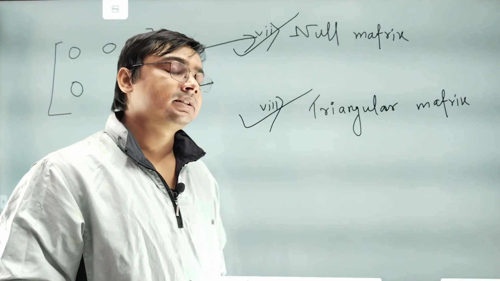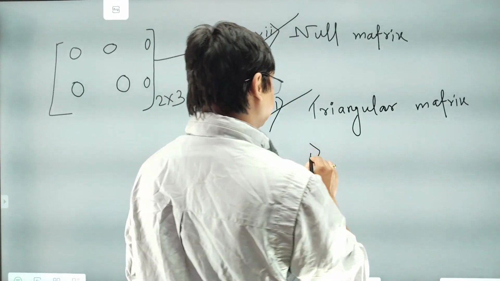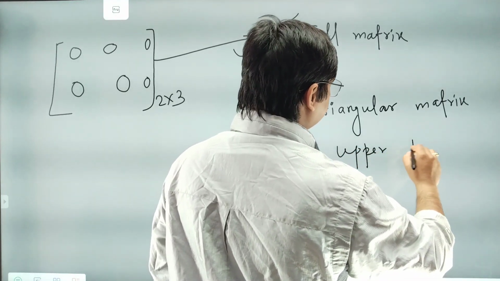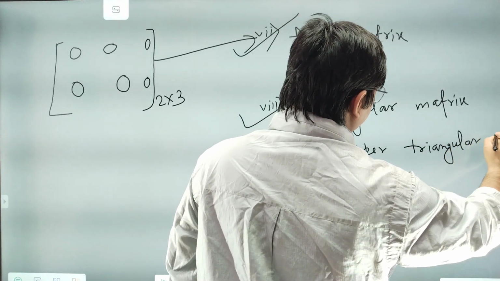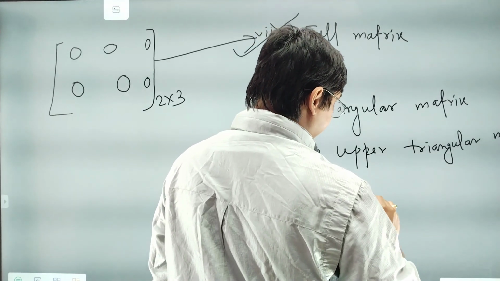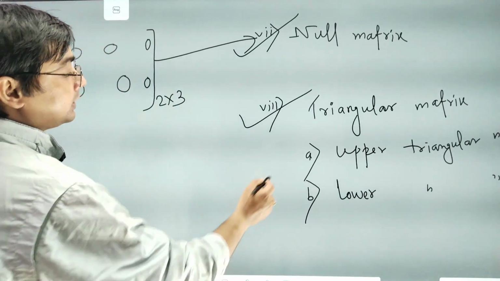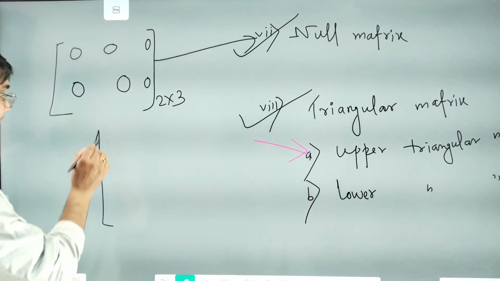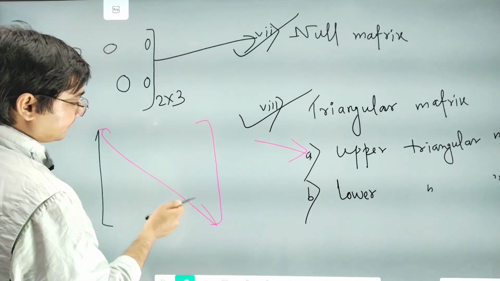Here there are two types of triangular matrix. One is called the upper triangular matrix, and another is called the lower triangular matrix. What is an upper triangular matrix? A matrix of this form. Suppose this is a matrix and this is the principal diagonal.